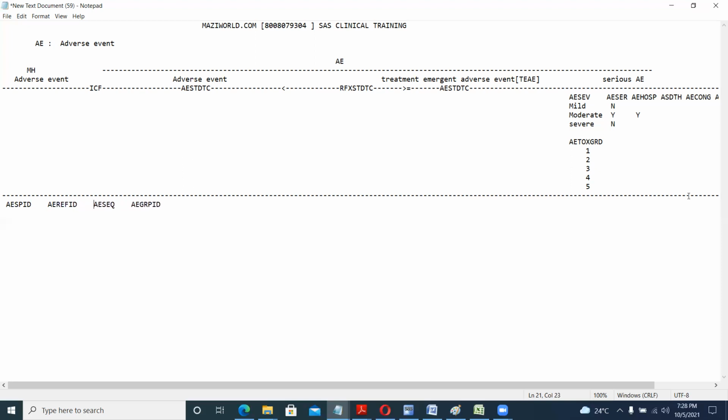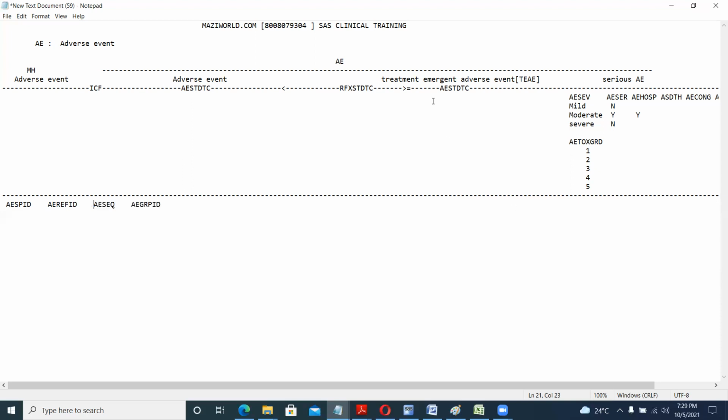So these variables look quite different. It's a confusing part, because in maximum cases these variables are very powerful: sponsor ID, reference ID, sequence, and group ID. I would like to know the usage of these variables, and their importance.